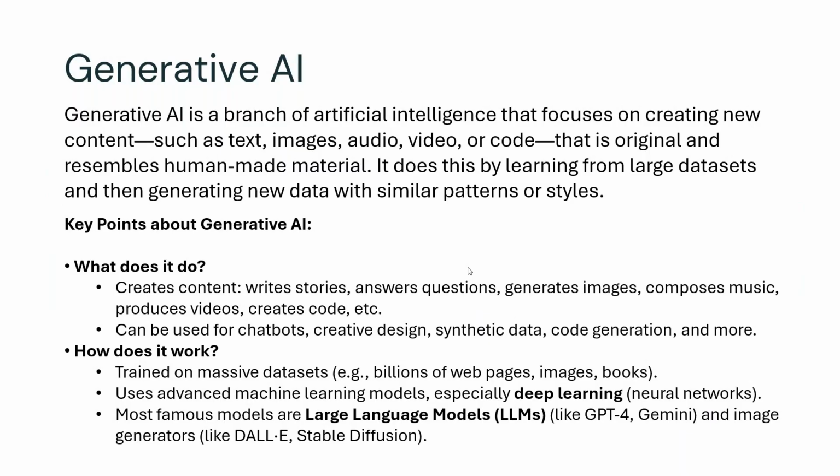Generative AI is a branch of AI that focuses on creating new content such as text, images, audio, videos and code that resembles human-made material. It does this by learning from large data sets and then generating new data with a similar pattern or style. I think we are using generative AI every day.